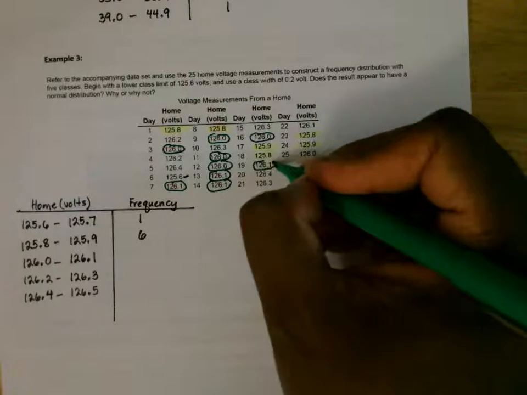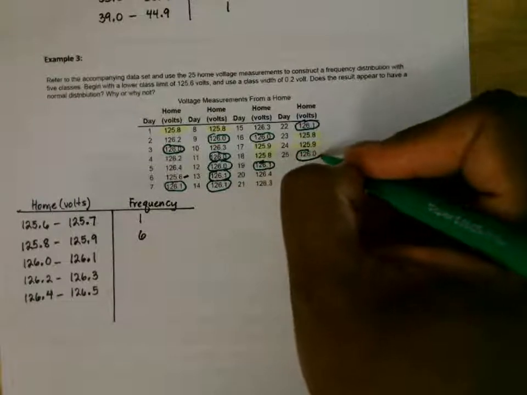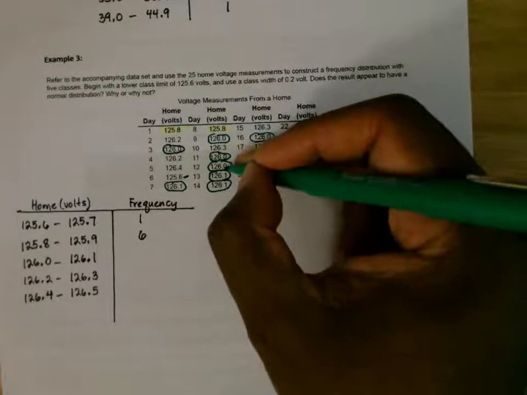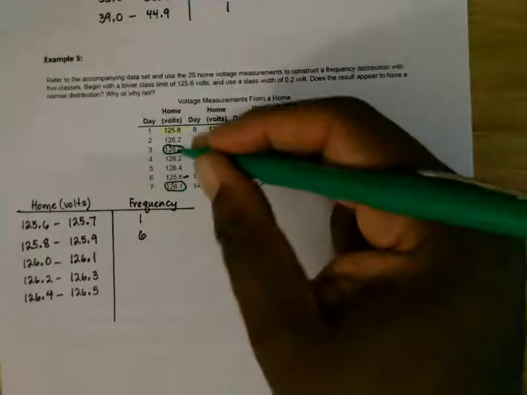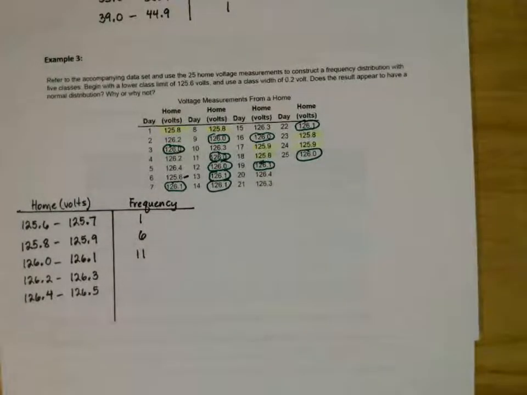Here's another 126.1. 126.1. And 126. So I got 1, 2, 3, 4, 5, 6, 7, 8, 9, 10, 11. There are 11 data values that are between 126.0 and 126.1.